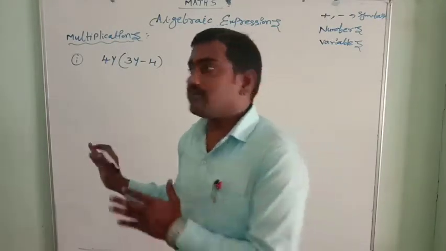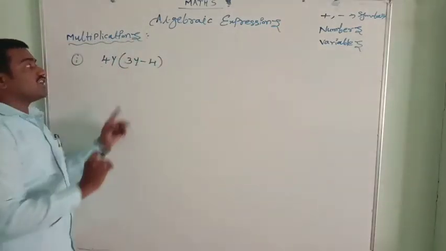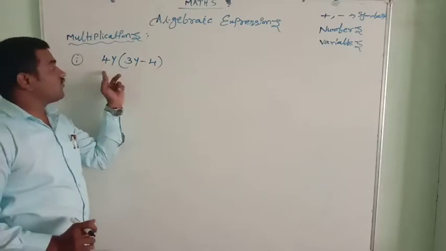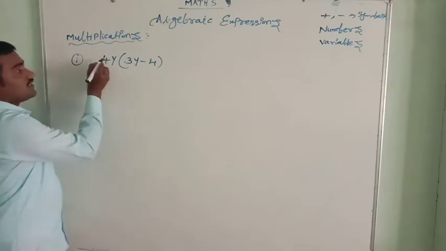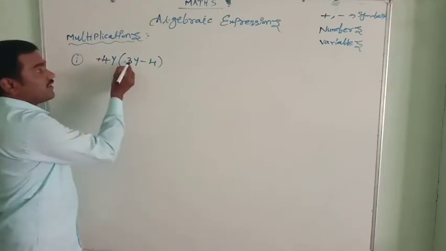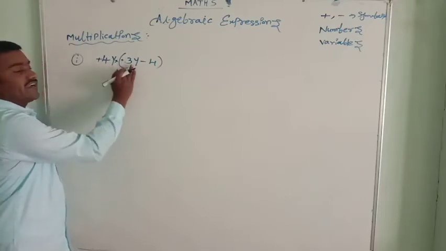Let us see the same thing here. First, this 4y, we should multiply to these two terms. 4y should multiply to 3y, and this 4y we should multiply to 4 also. So, first symbols. Before this 4, there is a plus. Here, before this 3 also there is a plus. Let us multiply 4y into 3y.